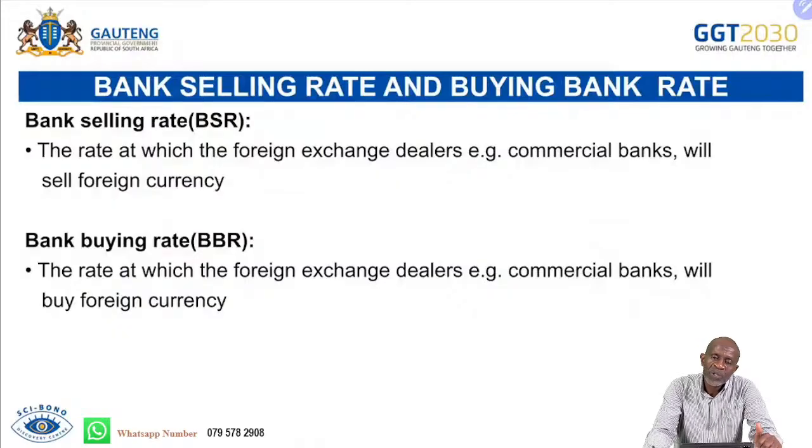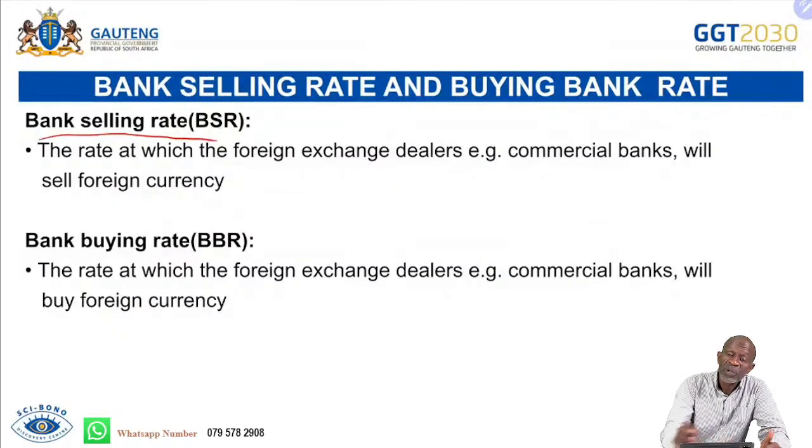So you go to the commercial bank and the commercial bank will sell the foreign currency to you. This rate is determined by the bank. They will use a certain rate to sell you the foreign notes.